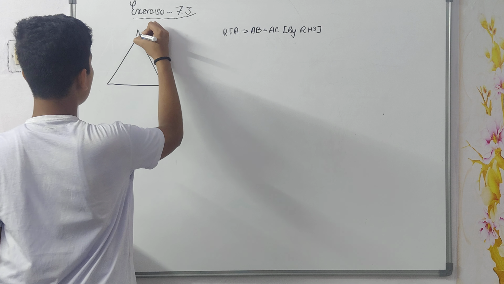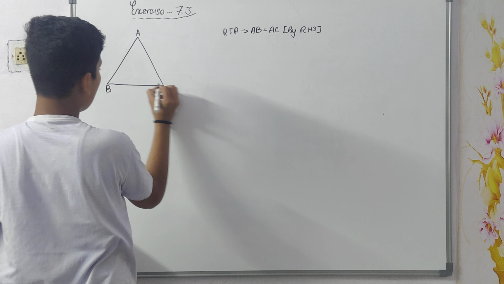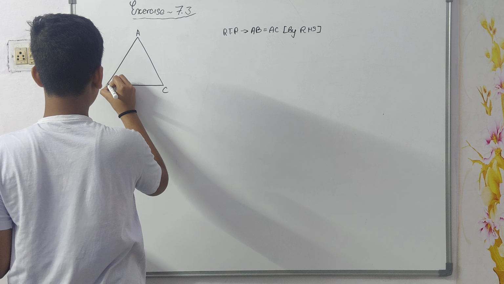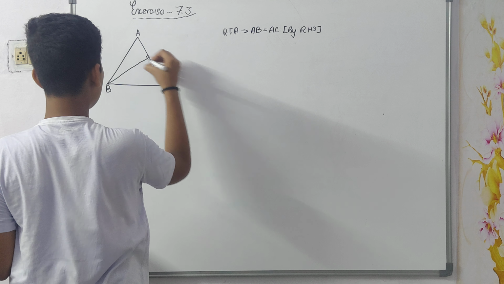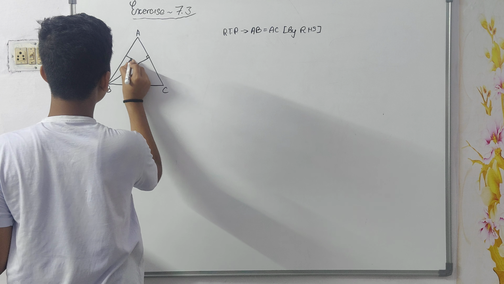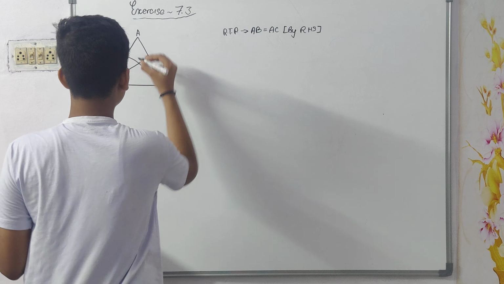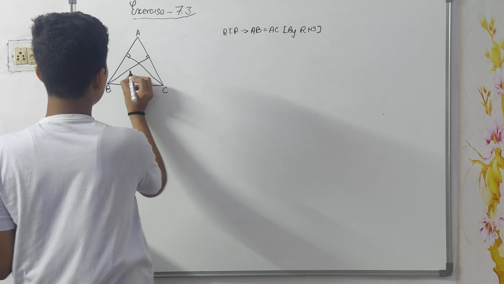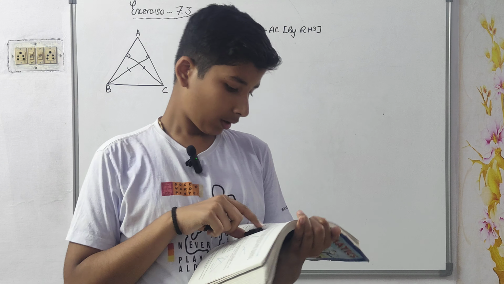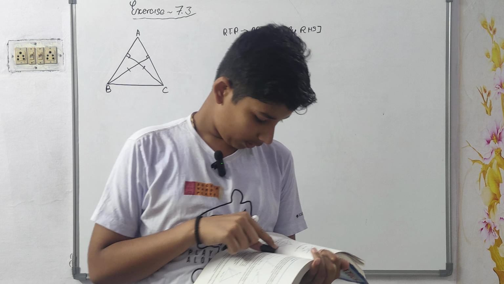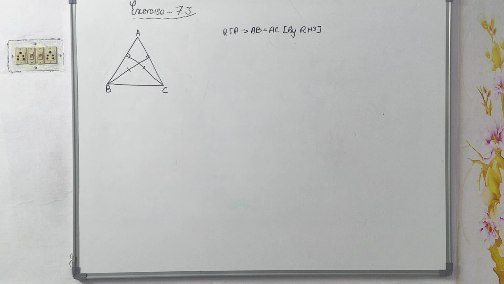Okay, this is A, B and C. Here are two altitudes, 90 degrees, and here also altitude, 90 degrees. These two are equal to each other, it is given. And yes, only this much is given.